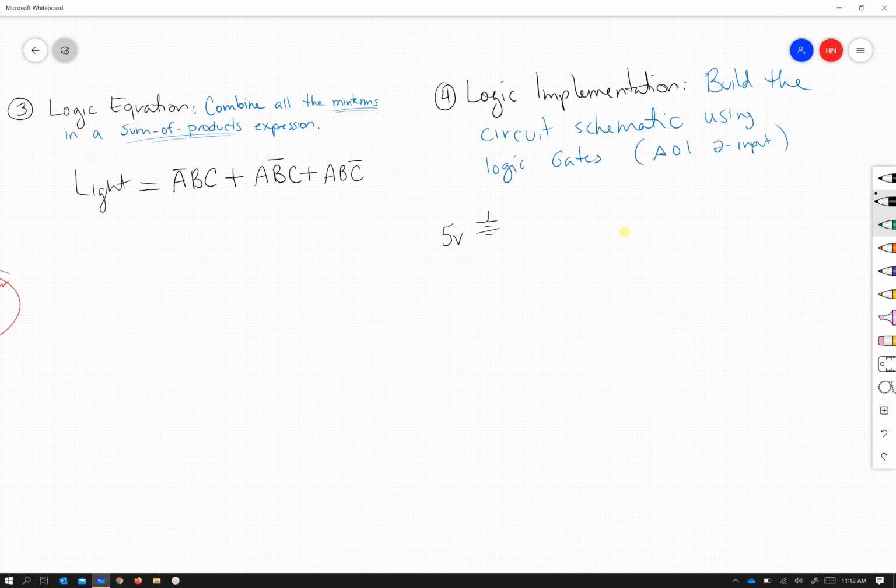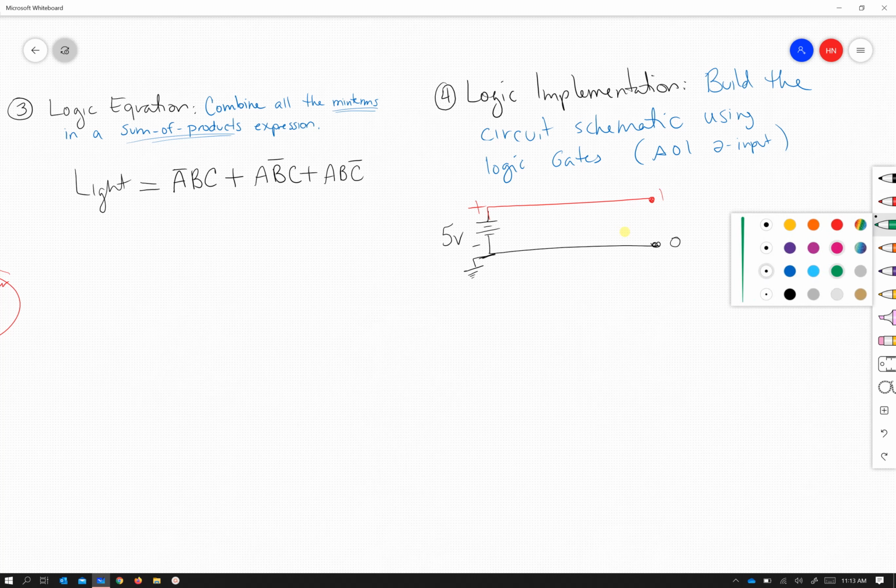And what I'm going to do is I'm going to put the positive side of my battery, this is right there. I'm going to put a wire and end it with a junction right there so that I have a wire. The negative side, I'm going to put it like that. And I'm also going to connect the negative side to ground. And so I know that this represents my 0 and this represents my 1 connection.